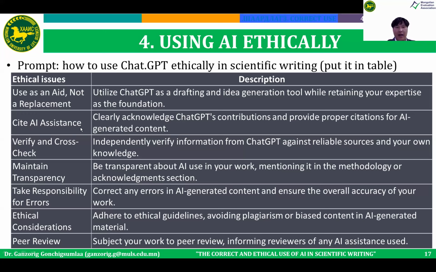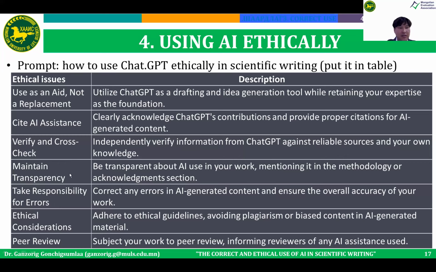But in the end, I worked to clarify or check the quality of the AI results. And also verify and cross-check. This is the most important part: every time you use AI, you have to check it and confirm it. The final responsibility for whatever you write is on you, not on AI.